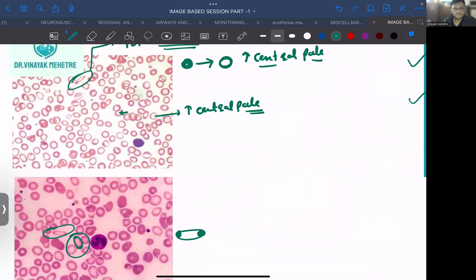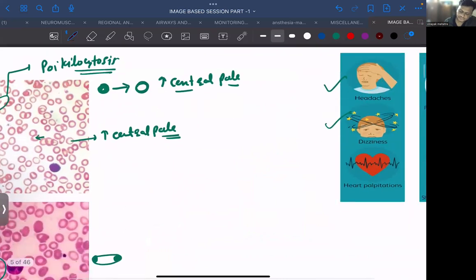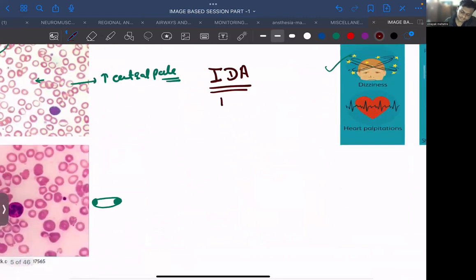Okay, iron deficiency anemia. Now, tell me, in iron deficiency anemia, if we do investigation of iron profile, iron profile करते हैं, right? So what can we see? कौन से टाइप के आयरन होते हैं? सीरम फेरिटिन, right?